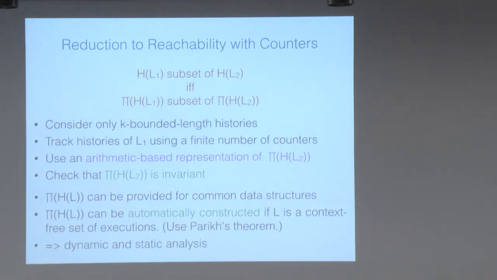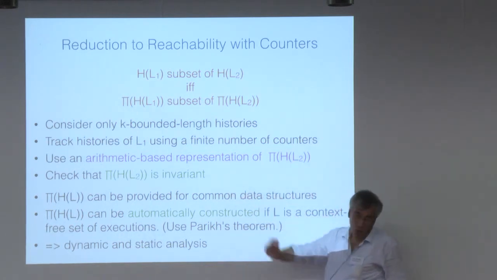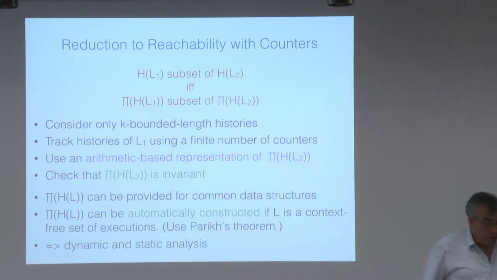So that gives you an efficient checking, and then you reduce your problem, conceptually, to an invariant checking. You can do it dynamically, or you can do it also statically.